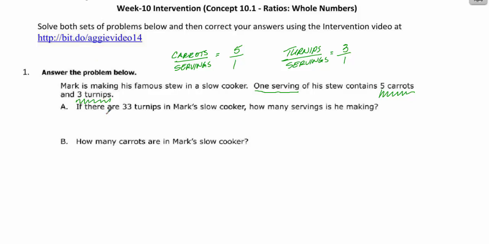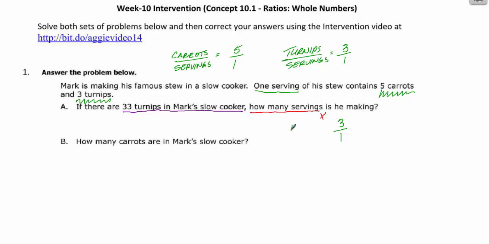Problem A, there are 33 turnips in the slow cooker. Every 3 turnips is one serving. How many servings? That's the X. Let me underline it with our X color, red. So here's what we know. In one serving, there are 3 turnips.